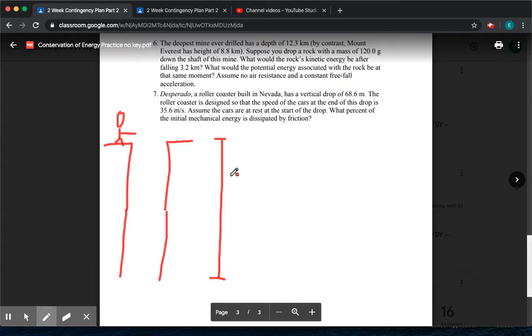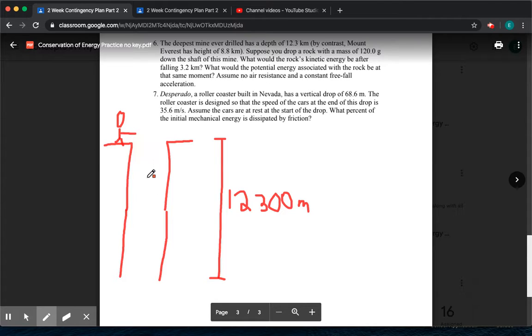I'm going to convert that to meters, okay? So the shaft is 12,300 meters long. That's the whole shaft. We dropped a rock in there.